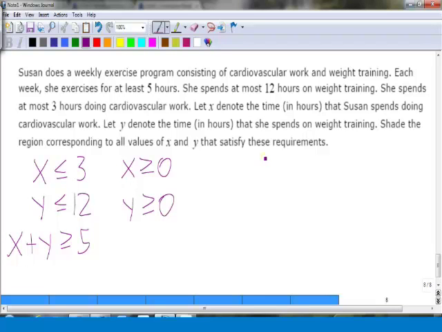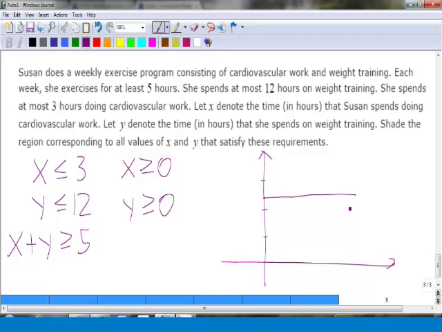Let's do a rough sketch. These are all fairly simple to sketch. Let's go as high as Y equals 12. So let's say 5, 10, 15. So 12 would be about right there. So there's the horizontal line Y equals 12, and we'd shade everything below that eventually.